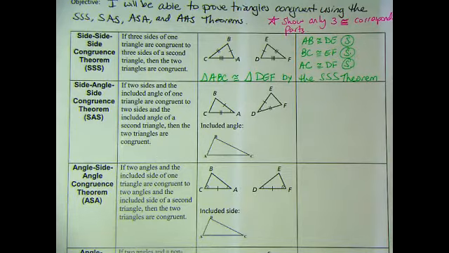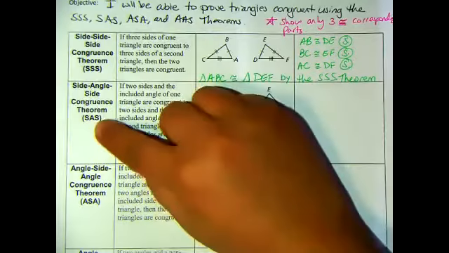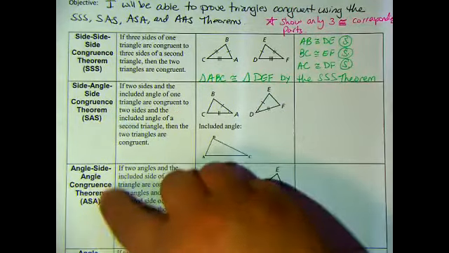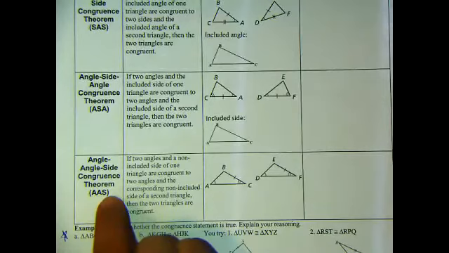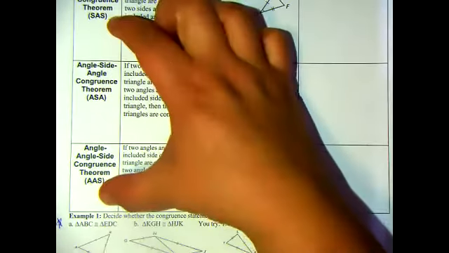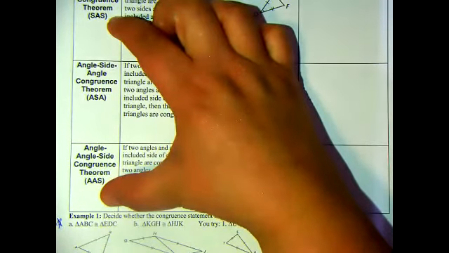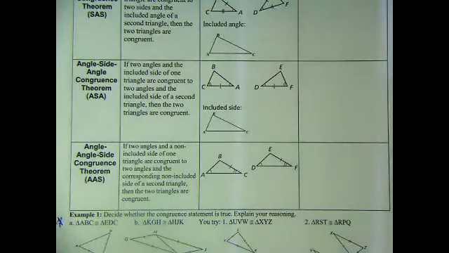So there's a lot of different combinations. We have the side angle side. We have the angle side angle, and we even have the angle angle side. Okay. Now, the order that the parts are in the triangle is very, very important.